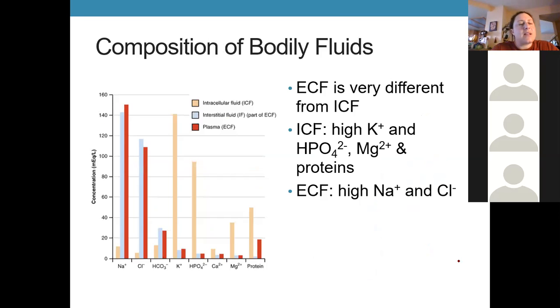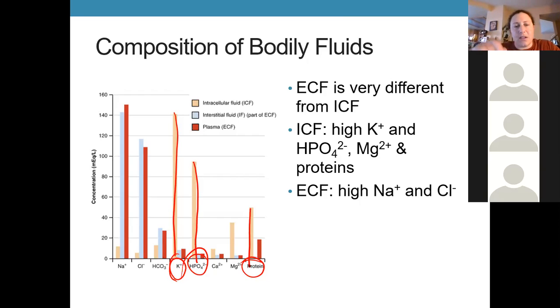One of the other things that makes intracellular fluid so very different from extracellular fluid is that the composition of solutes is very different. So intracellular fluid is very high in potassium and phosphate and proteins, okay? That's these guys right here.